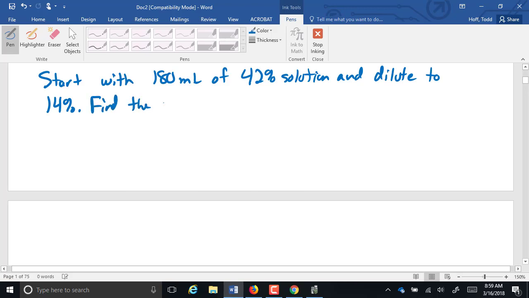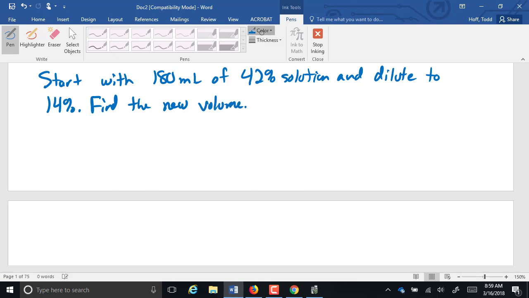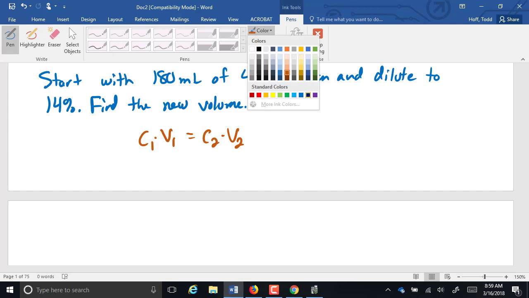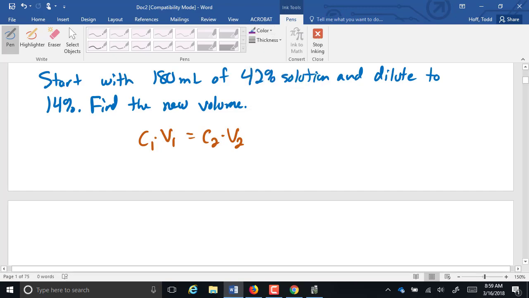Find the new volume. Well, again, it's C1V1 equals C2V2. The original concentration and volume are right here, 42% and 180 milliliters.